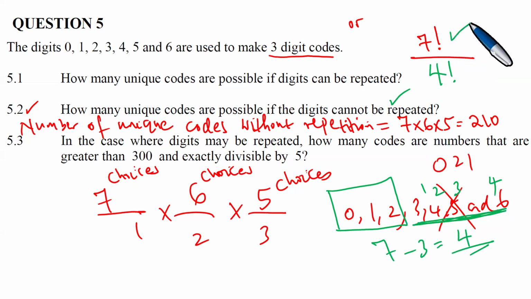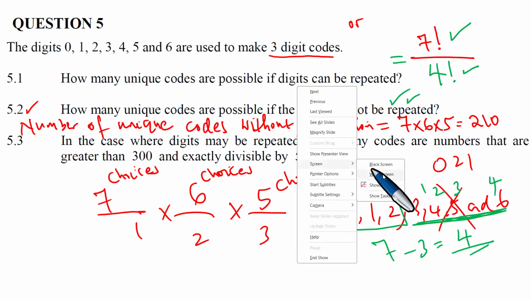So you have 7 factorial, and then 4 factorial, with no repetitions allowed. Any question? No. Okay, let's proceed. I must indicate that the answer is the same.